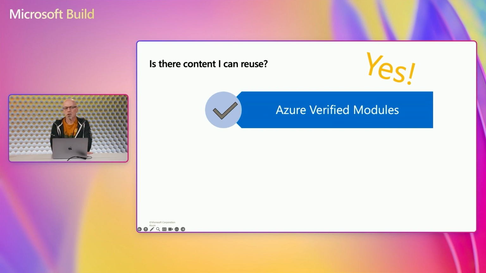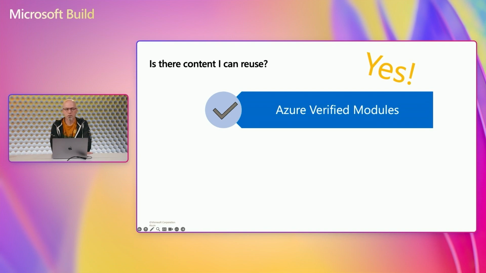The first area that I want to talk about is the Azure Verified Modules. So, Terraform modules. The verified modules that we're working on are an effort by our team to ensure that you have good quality modules that you can depend on.